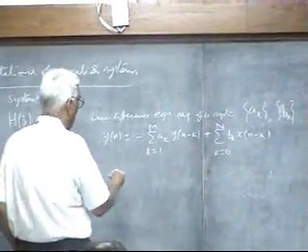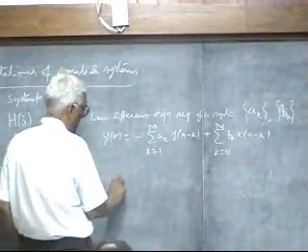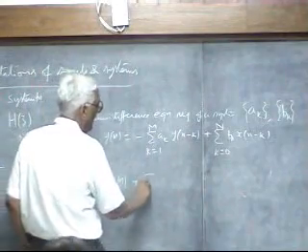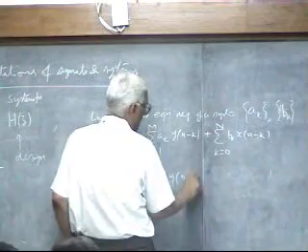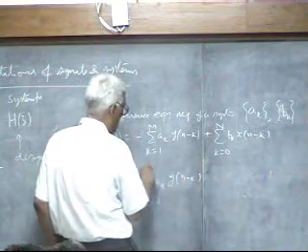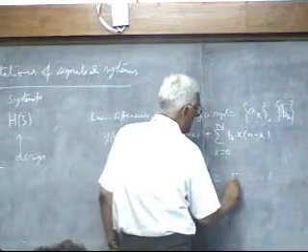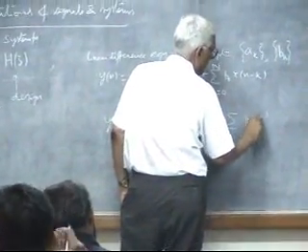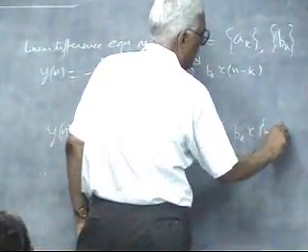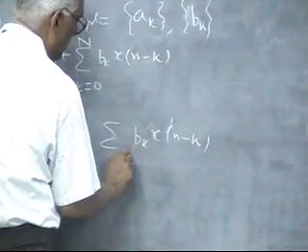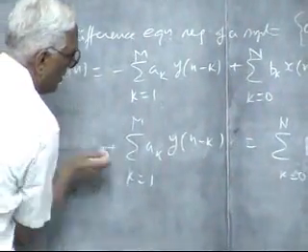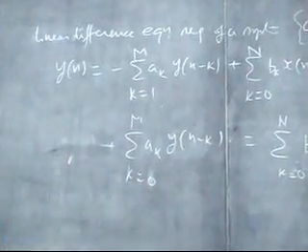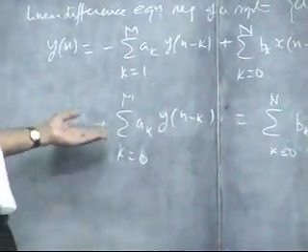Now, before we do that, let us do the following: yn plus summation ak y n minus k, k equal to 1 to m, is equal to summation bk x n minus k, k equal to 0 to n. And of course, you can also write this sum from 0 with a0 as 1.